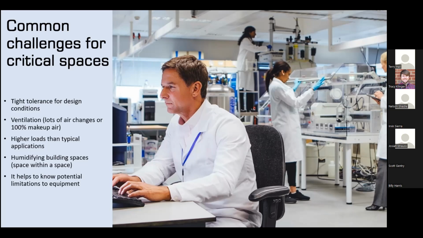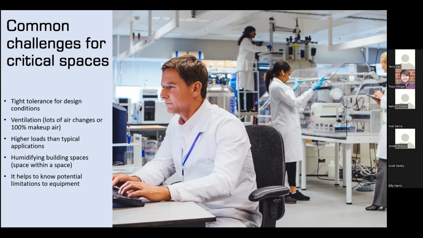For example, we've been to a site that's a pharmaceutical and research laboratory, and they're making skin for burn victims. They really require a lot of ventilation, all on makeup air units. The whole lab does an air change every minute, and they require humidity even throughout the winter, which can be quite severe.